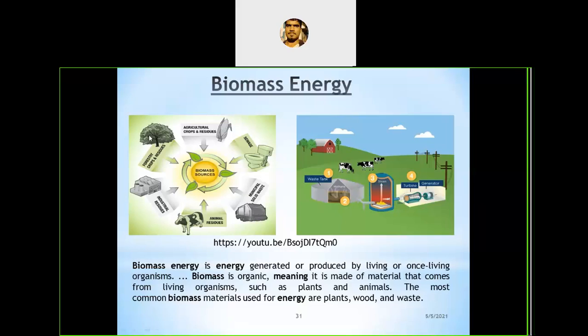The second type is biomass in the form of a liquid, either liquid or a fuel. It's a non-traditional form. For example, biofuels and biodiesel. Nowadays biodiesel is one of the best examples of this biomass.